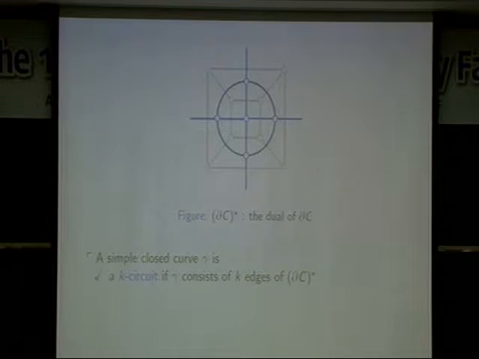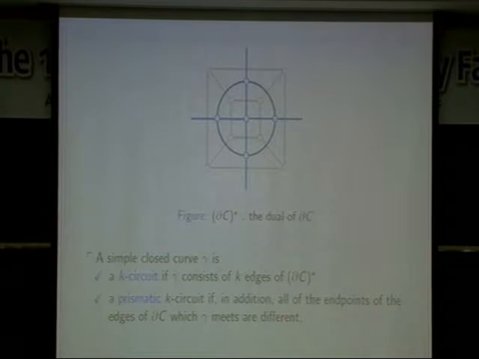And then another definition: a simple closed curve gamma is a k-circuit if it consists of k edges of the dual of the boundary. And it is a prismatic k-circuit if, in addition, all the endpoints of the edges of the boundary which are crossed are different.